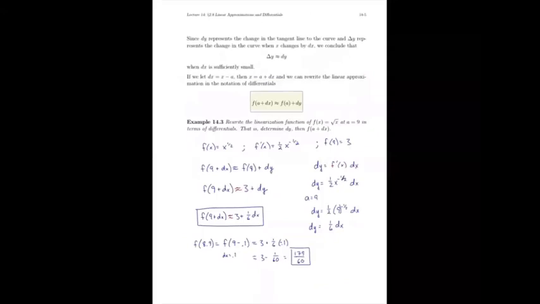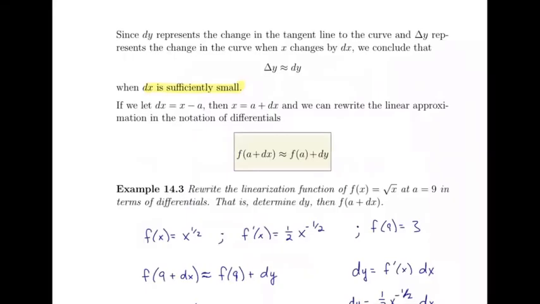So let's do the finishing moves on this derivation. So we've got this approximation here. Delta y is approximately dy, so long as dx is sufficiently small. In other words, we don't move too far away from that x value we centered at. So what we need to do is call dx x minus a.